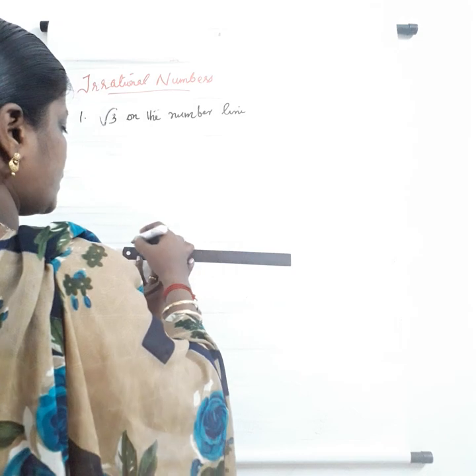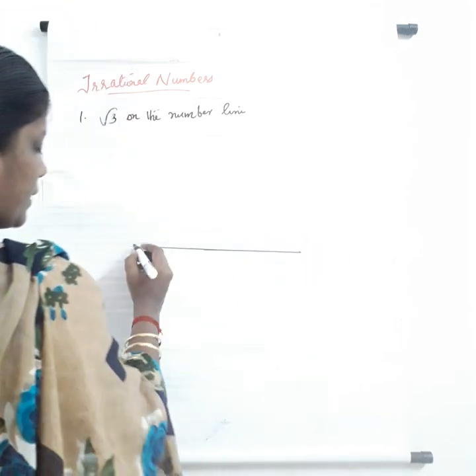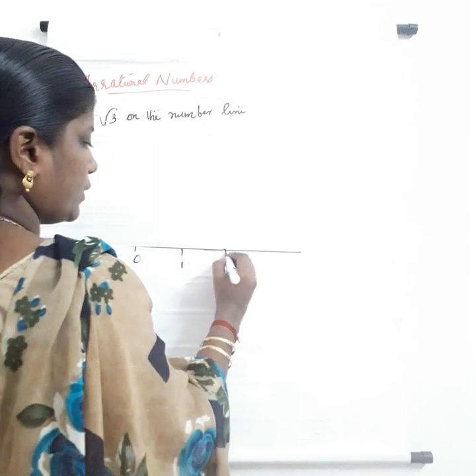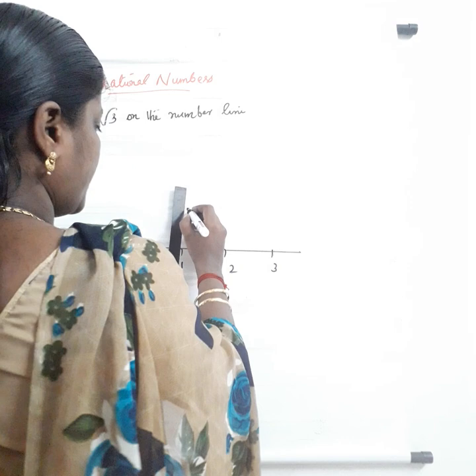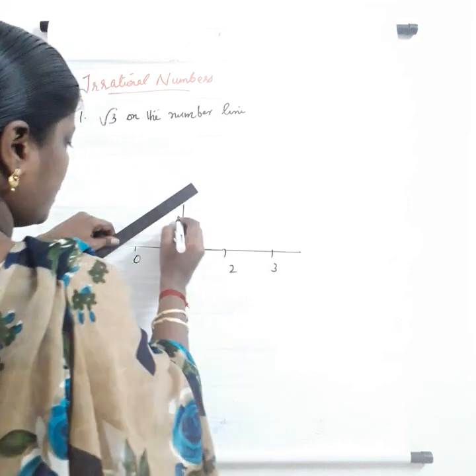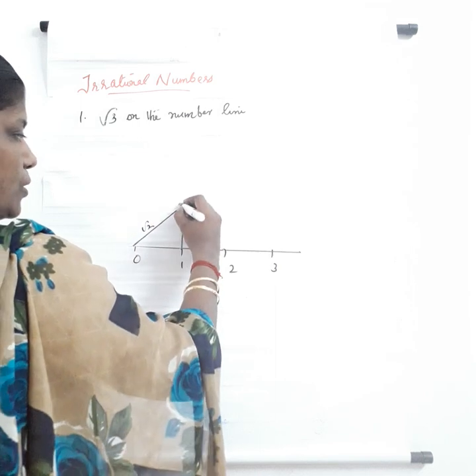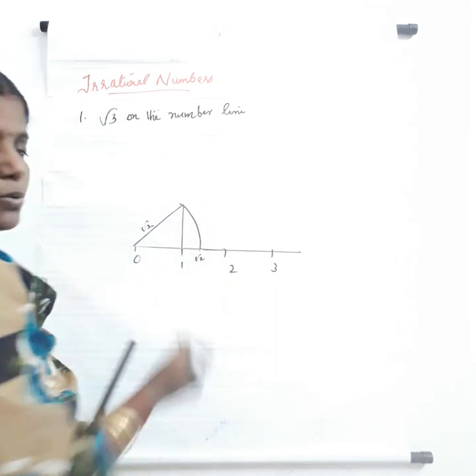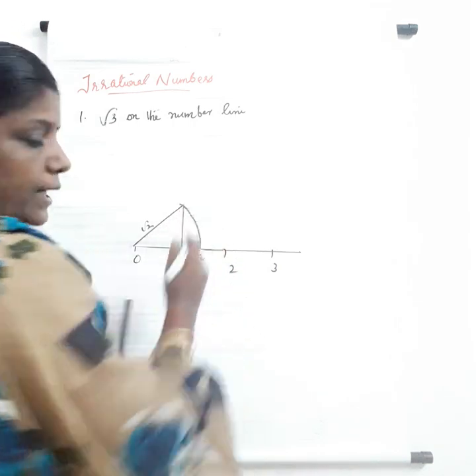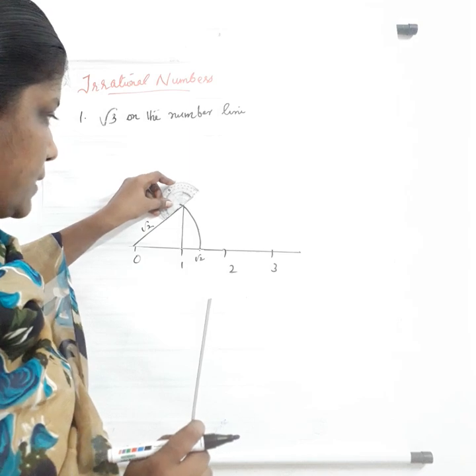For locating root 3 on the number line, before that we are drawing root 2 on the number line. Mark it as 0, 1, 2, 3, etc. Then you can take 2 units here. You will get one right angle triangle. I told you this is root 2. You can draw one arc here. This point is root 2. Then after this you take your 90 degree like this.